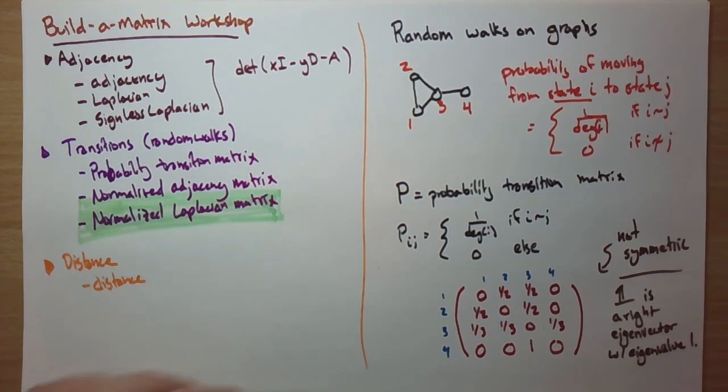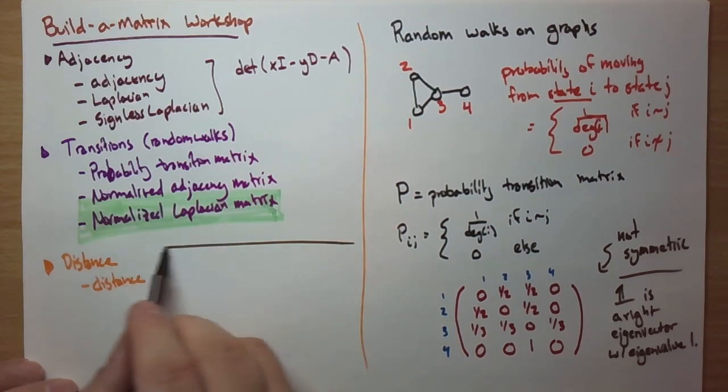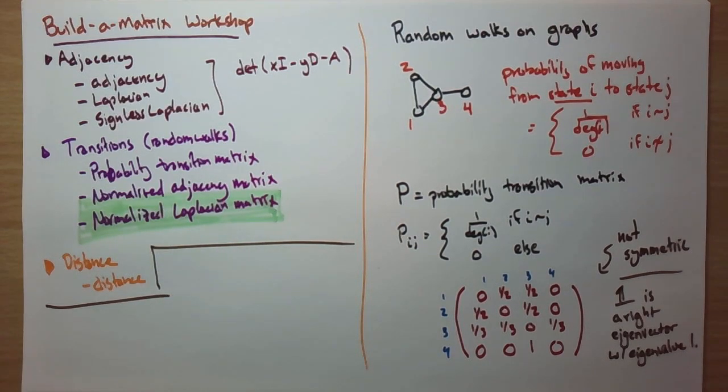All right. There are so many things we could say right now, but not so much space for us to say it in. Maybe I'll sneak over here and take some space. We've made a comment here that 1 is the right eigenvector with eigenvalue 1.